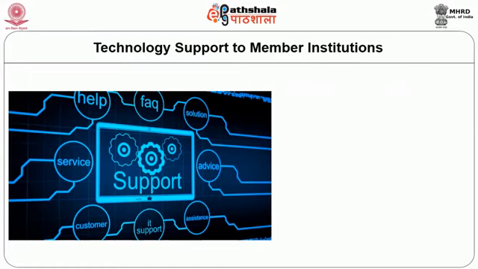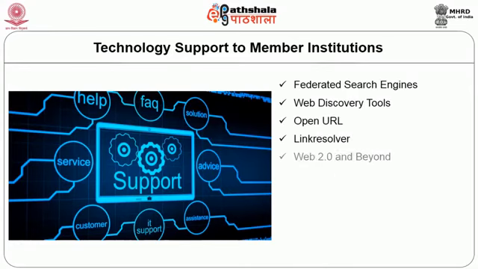Some important technological solutions wherein member institutions may require support of a library consortium are federated search, web discovery tools, OpenURL, link resolver, Web 2.0 and beyond, mobile devices and usage portal, etc.